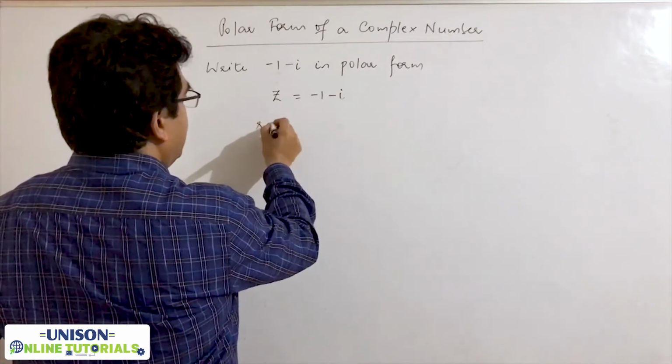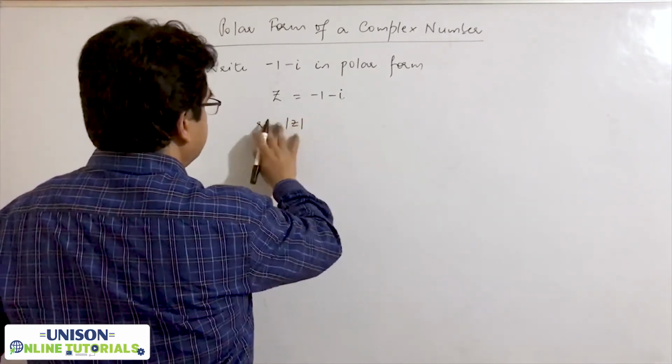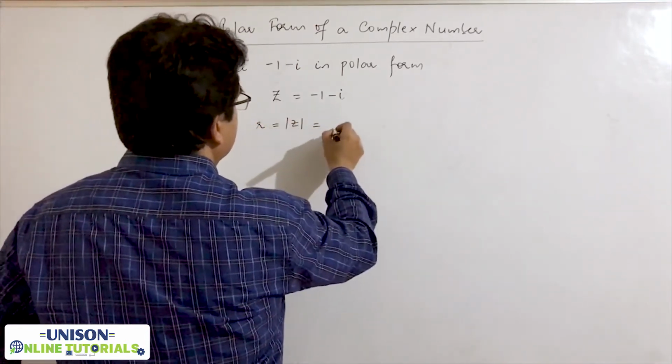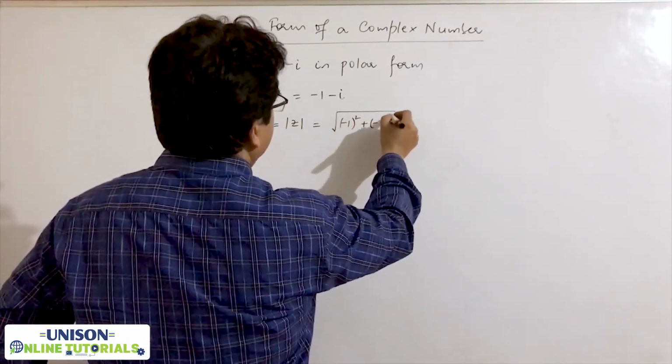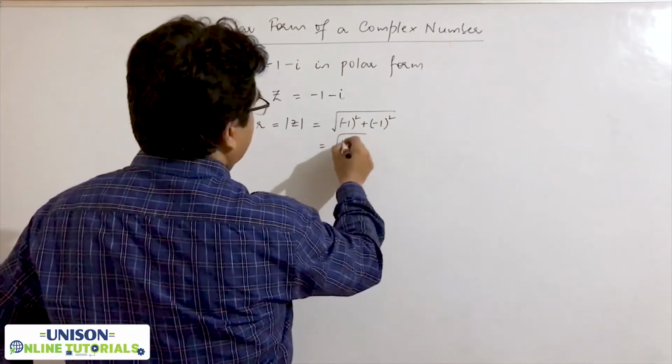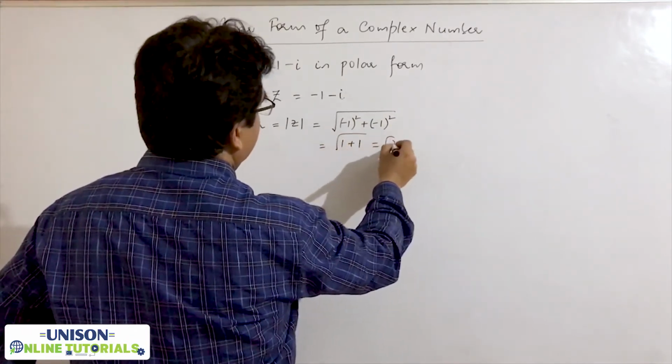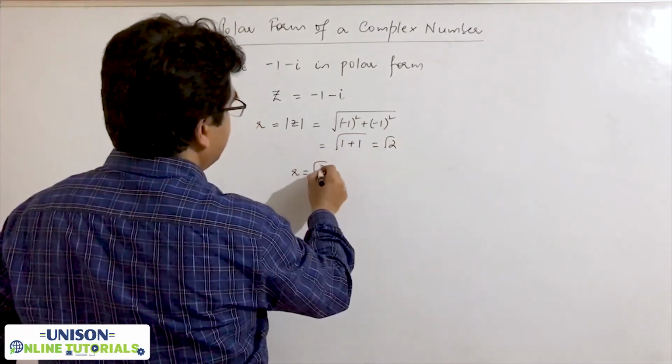Now r is the modulus of z, which is equal to under root -1 square plus -1 square, which is under root of 1 plus 1, which is under root of 2. So r is again root 2.